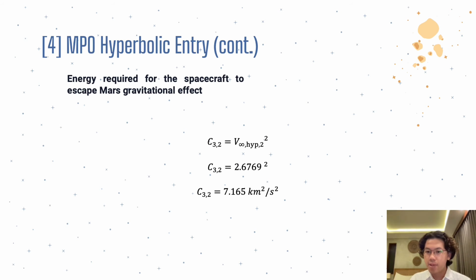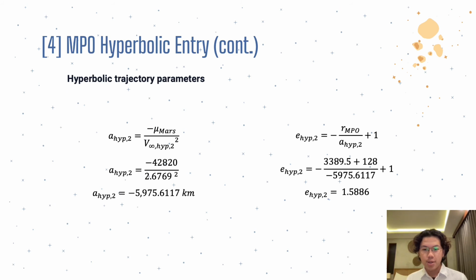And the excess velocity can also be written in terms of energy, that is around 7.165 kilometers squared per second squared. So from the hyperbolic escape velocity, the hyperbolic orbit parameters are calculated as before, as shown on the screen.